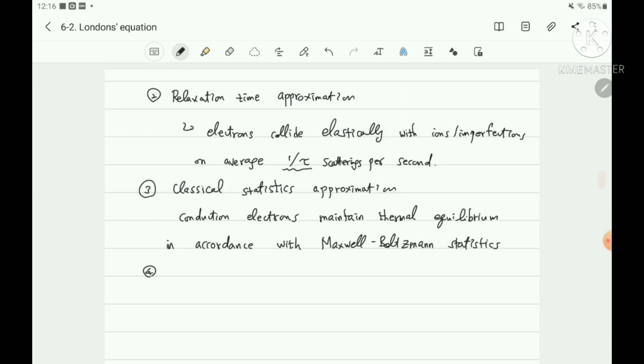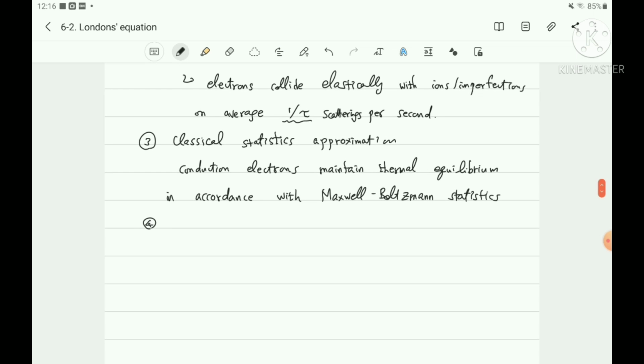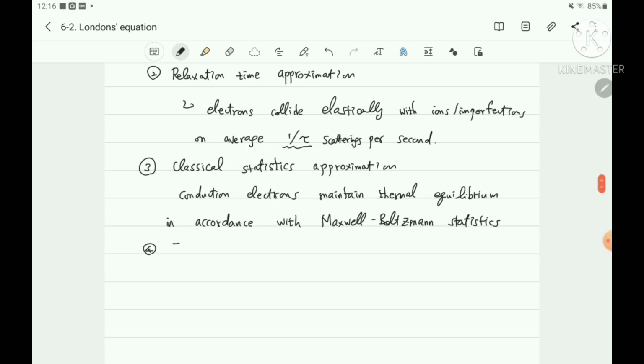And the first assumption is the independent electron approximation, similar to the free electron approximation.